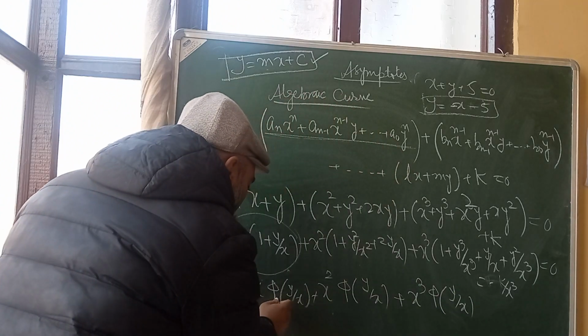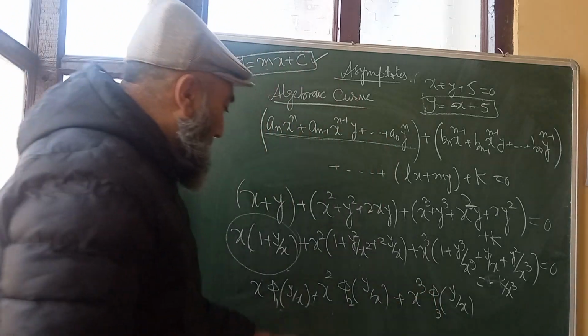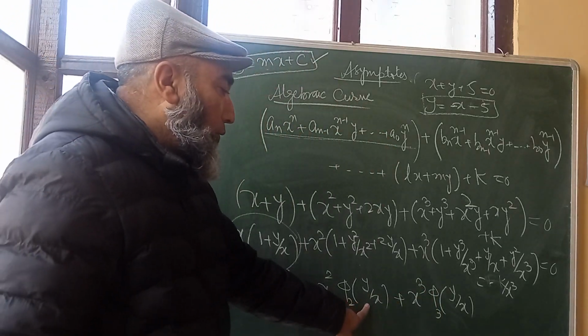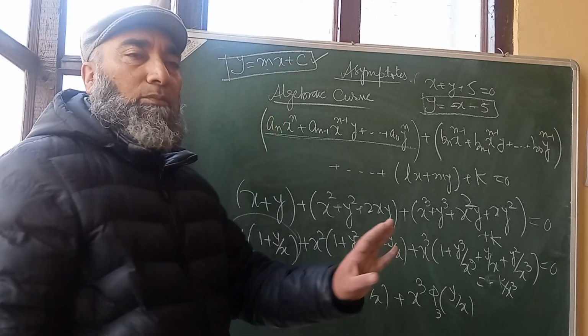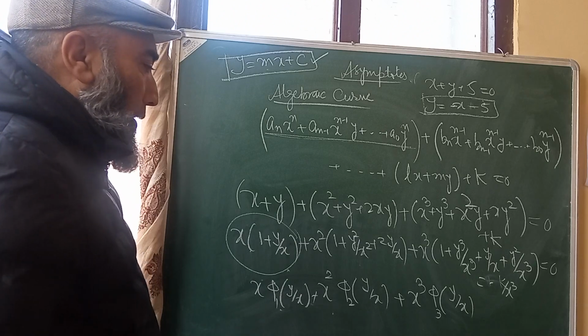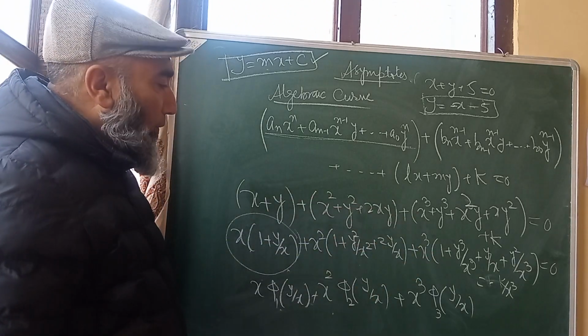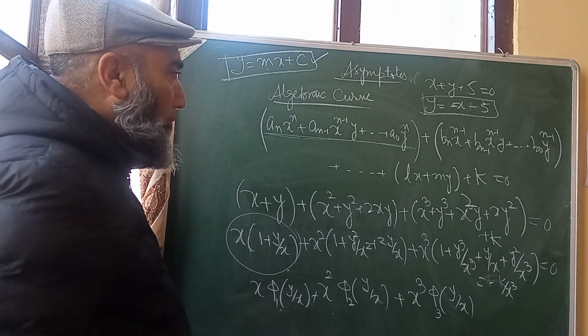This is, say, function 1, this is function 2, and this is function 3. Obviously, their degrees are 1, 2, and 3. That is why I have kept them different. Say you have phi, psi, and so on, because I will be using these notations in my future lectures, so I am explaining this.